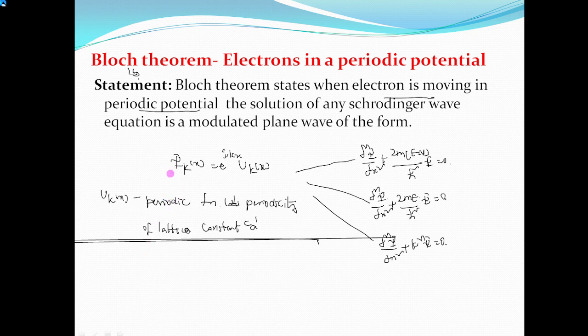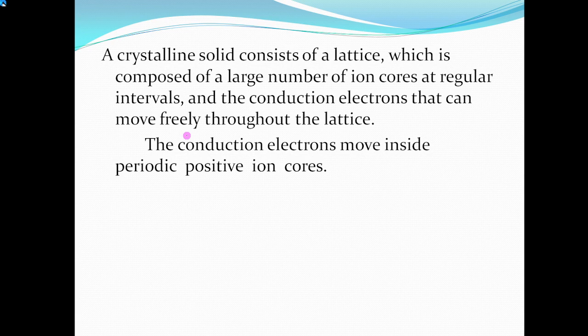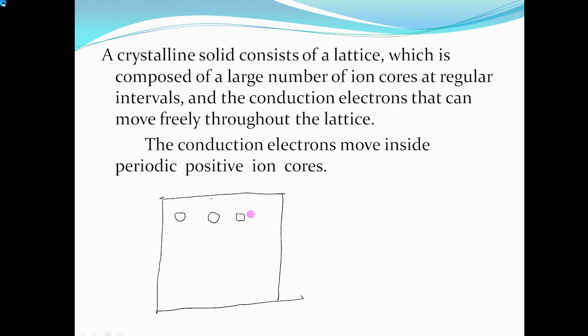Now we'll try to explain Bloch theorem. We'll see how an electron moves in the periodic potential. If I consider a metal, we know a metal consists of atoms. In solids, atoms are regularly arranged.